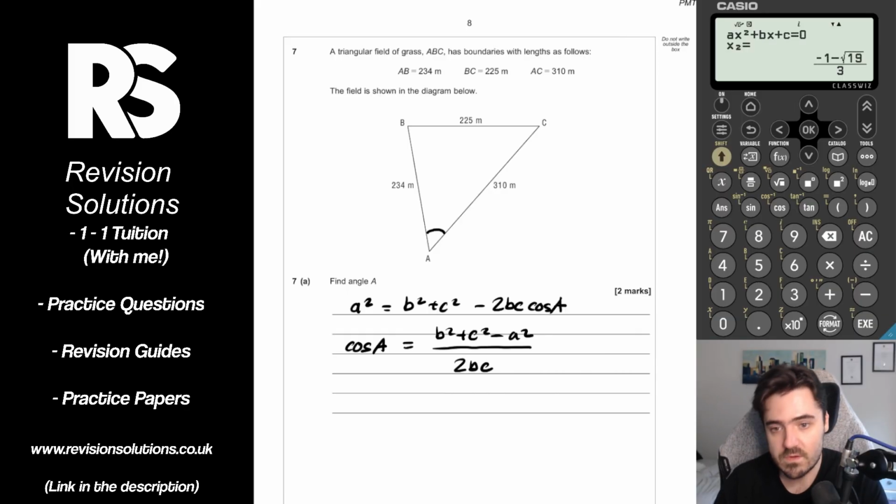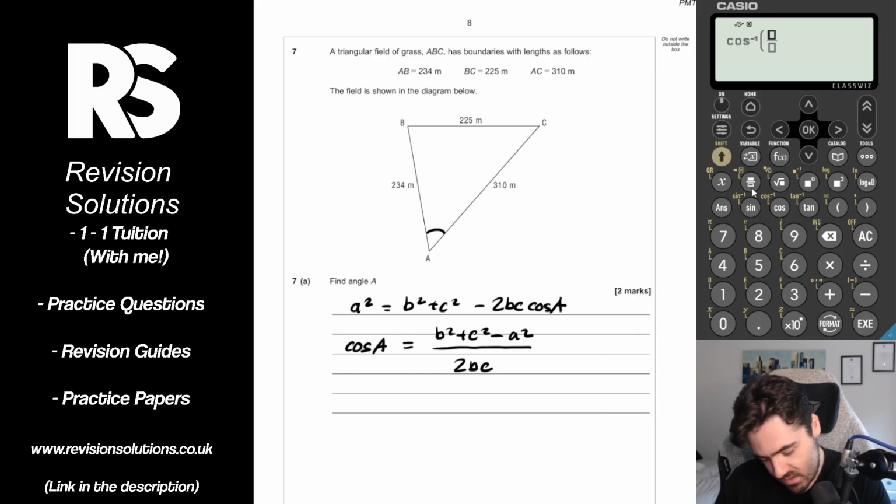So if we do that in our calculator, that would be shift cos, and then fraction, so b squared. Let's just label these sides.